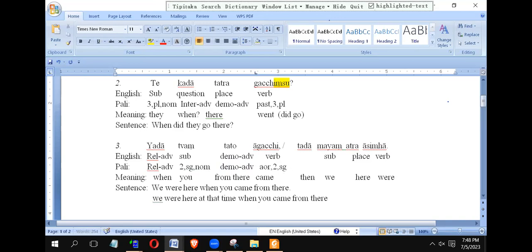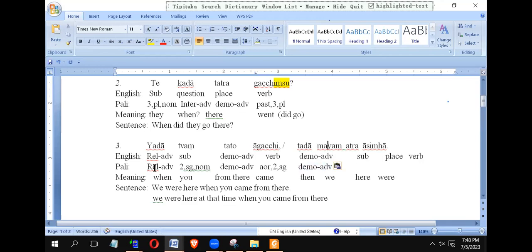Okay. Tada is... Tada is demonstrating the time, right? So when, is adverb. Demonstrative. Mayang is subject.